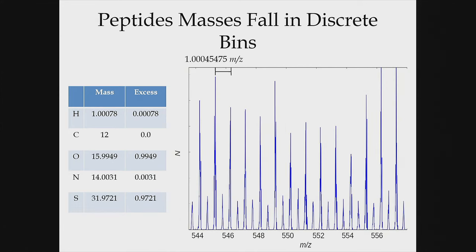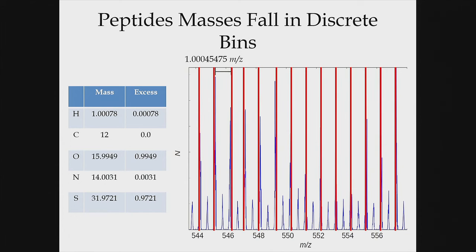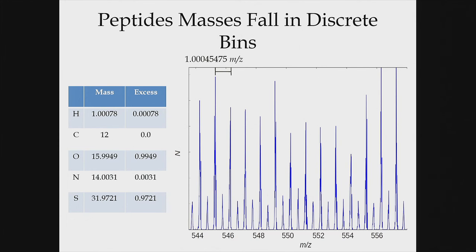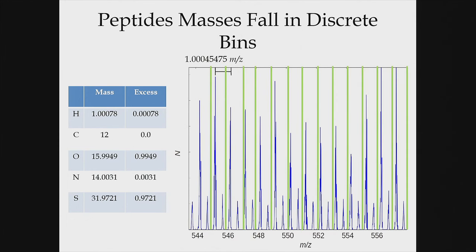And that's why the peptides fall into these discrete bins, and it means that I can be careful not to place my isolation windows here, but to place them in between the bins.